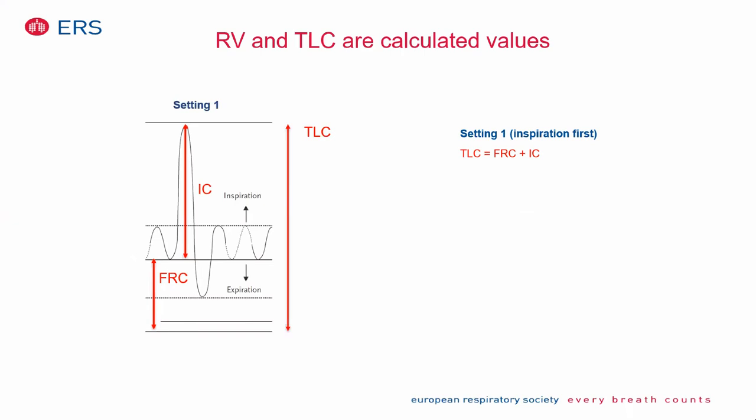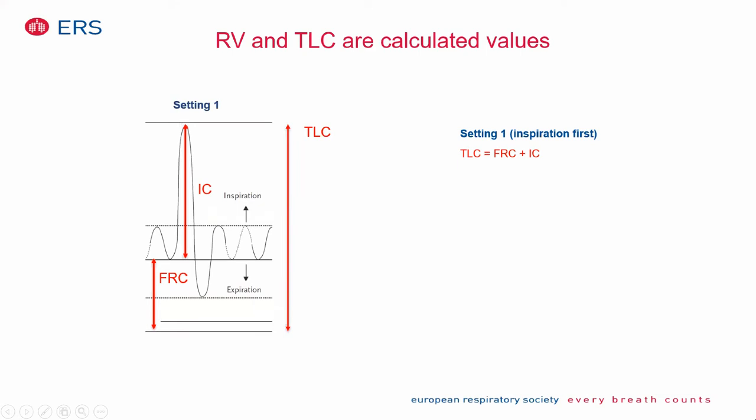What is important to know, and I think this is one of the messages I would like to pass through when you look at your lung functions, is to know what setting you have during your maneuvers. If you have a body where you have an inspiratory effort first and an expiratory, the volumes will be calculated like this. You have the functional residual capacity first calculated with your body, and then you have an inspiratory maneuver.